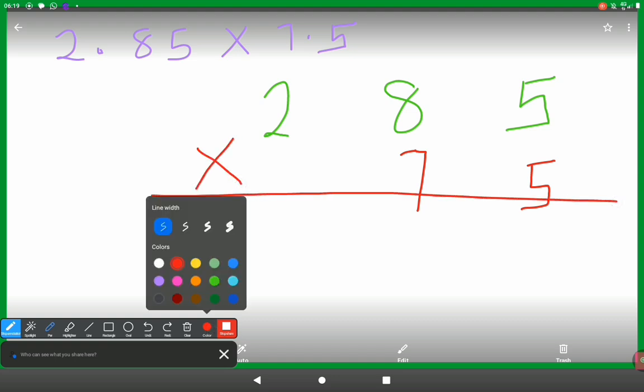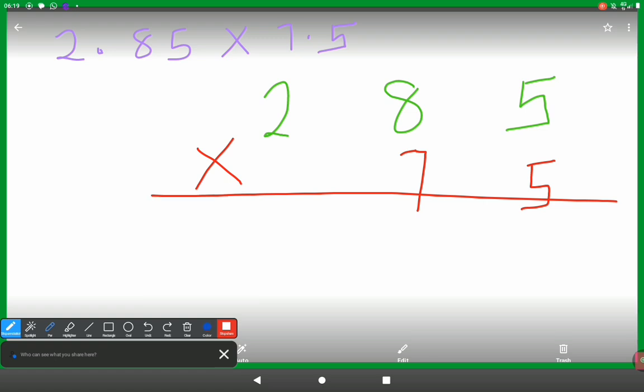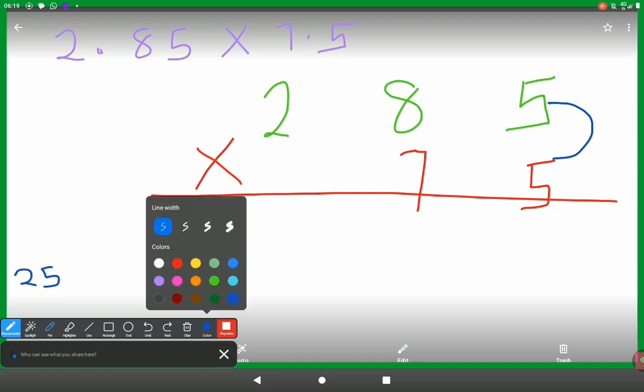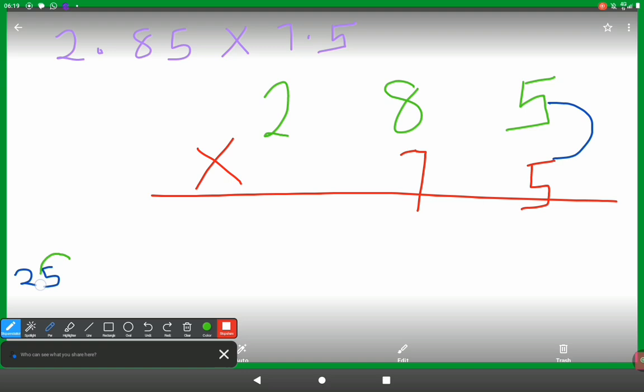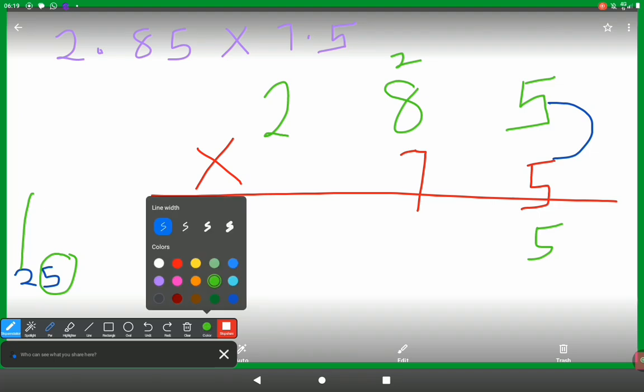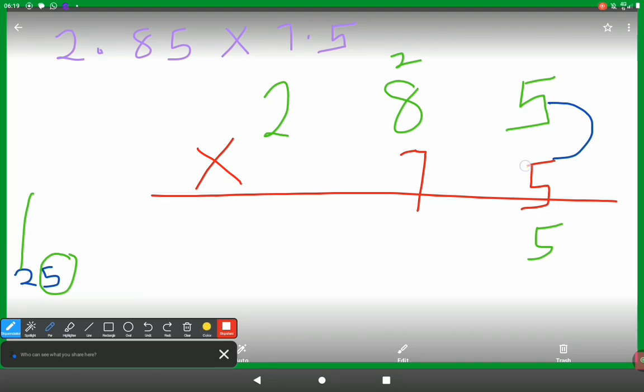Now let's multiply. 5 times 5 will give me 25. Now, from the 25, I realize that the 5 is the ones, so I'm going to write the 5 down, then keep this tens on top of this tens. Alright, after that, I'm going to do 5 times 8.